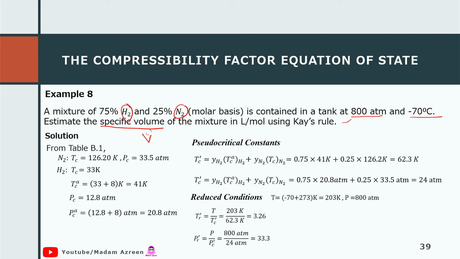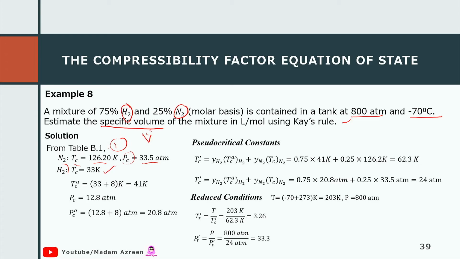The first and most important thing to do is go to table B1, find the critical temperature and critical pressure for nitrogen, and next for hydrogen.